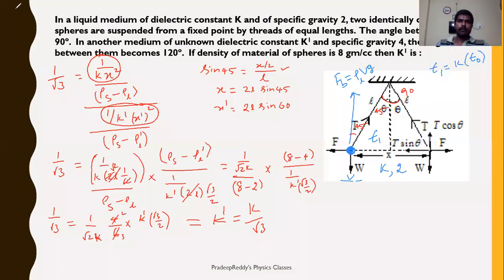Substituting this x and x dash values over there and densities of the liquids over there, you can find out k dash. Students, solving this particular term is 1 by 3 is equal to 1 by kx square divided by rho s minus rho l. So solving this particular equation which we have obtained in this solution, solving this total, I have solved it, it is k dash is equal to k divided by root 3.